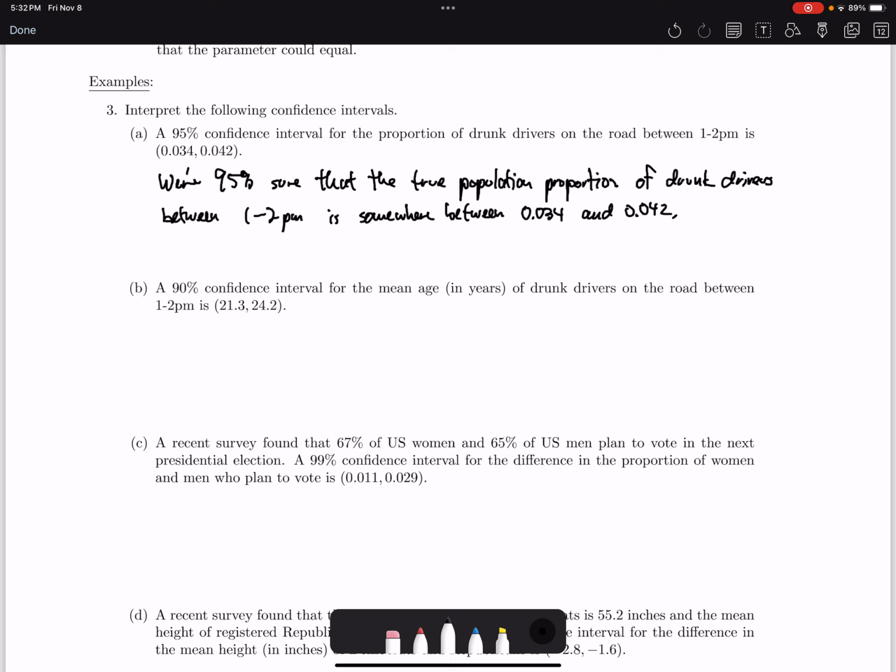Okay, so that's a good interpretation of that confidence interval.